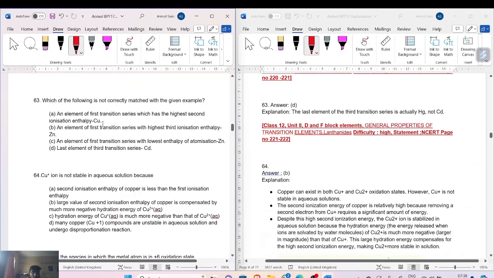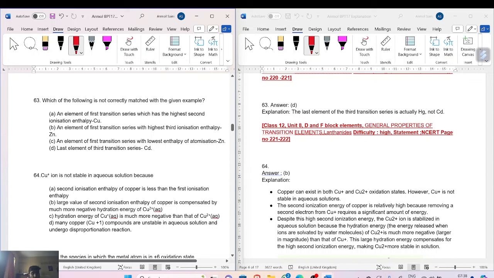Question number 63: which of the following is not correctly matched with the given example? A, an element of the first transition series which has the highest second ionization enthalpy, copper. B, an element of the first transition series with the highest third ionization enthalpy, zinc. C, an element of the first transition series with the lowest enthalpy of atomization, zinc.